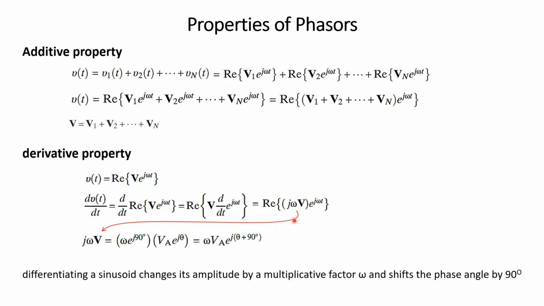And we say that differentiating a sinusoid changes its amplitude by a multiplicative factor omega and shifts the phase angle by 90 degrees. This is the multiplicative factor and shift of angle. This is 90.